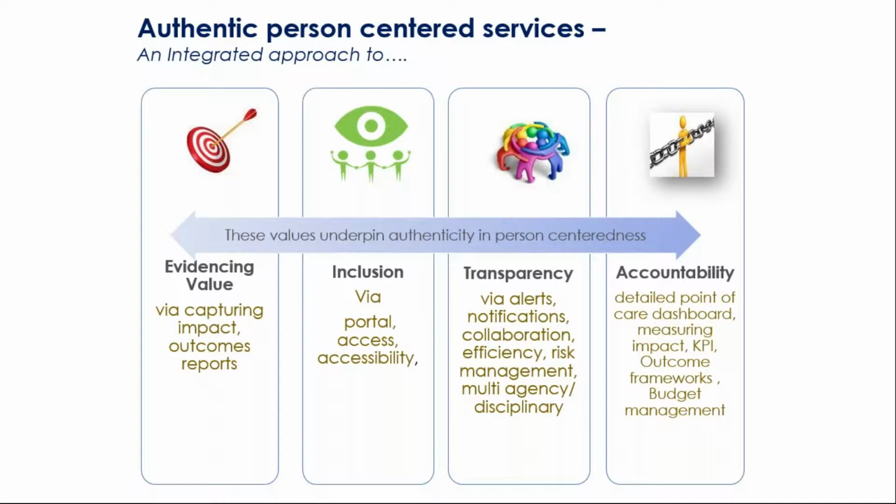We can kind of get lost in figures, but if those figures and statistics aren't driving positive change, then it's really an academic exercise. So our principles at Aspirico, which is the company that makes iplanit, are about evidence and value, inclusion, transparency, and accountability.